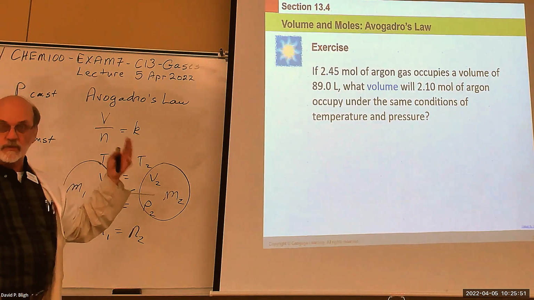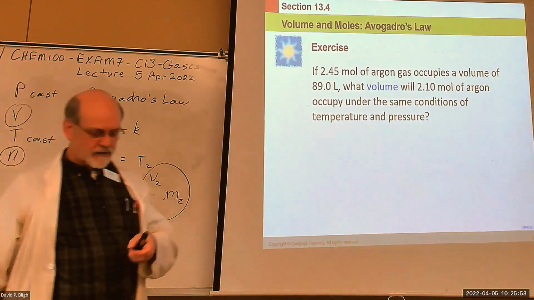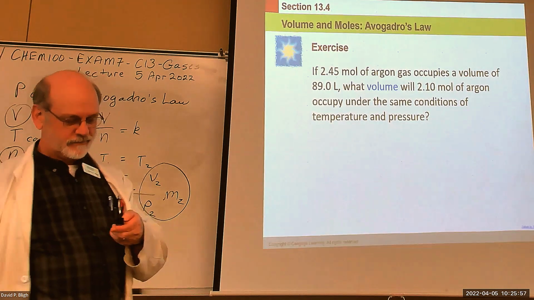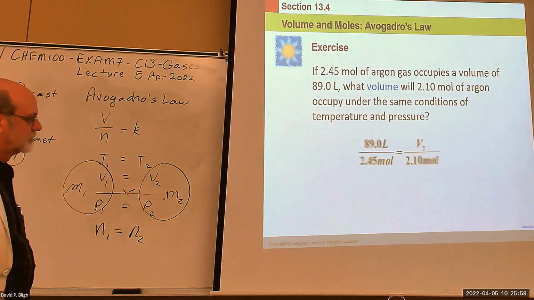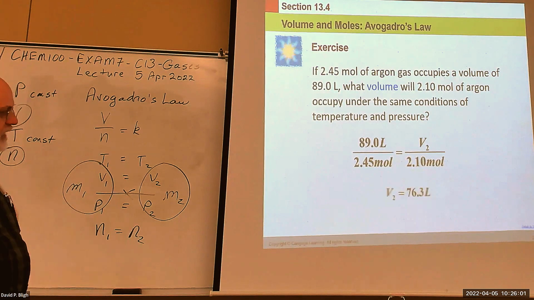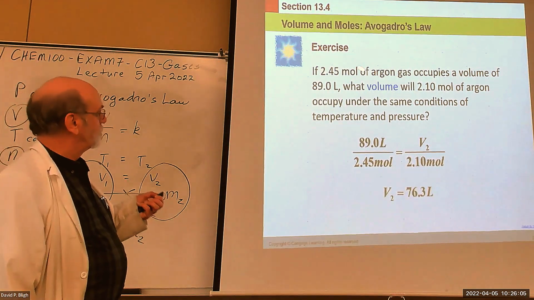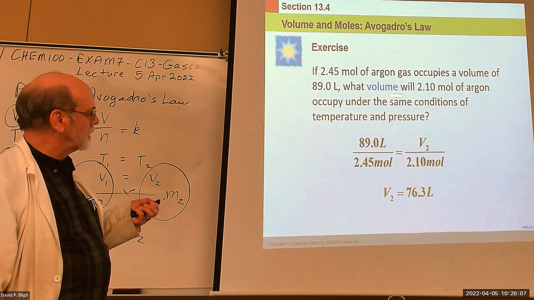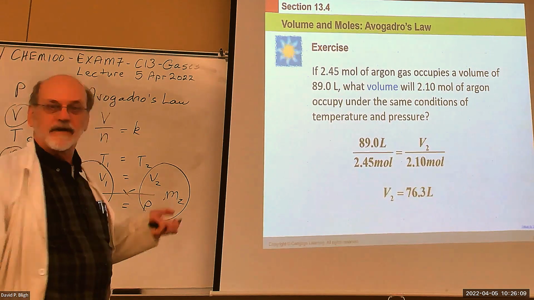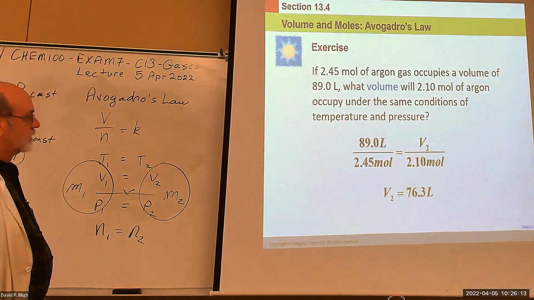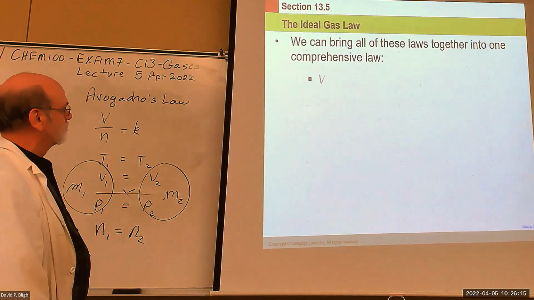And they would cancel units. So the units don't matter except for temperature. So this is the solution for that problem. And we find that if you decrease the number of moles, you decrease the volume.